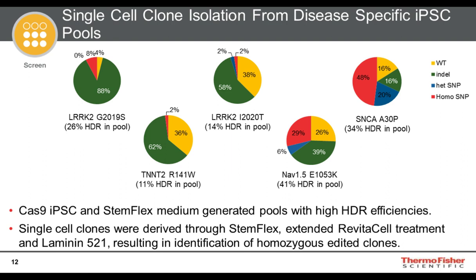So as you can appreciate from the 5 targets shown here, when we do the editing and do the clonal isolation, you will typically, with different degrees of success, identify a homozygous SNP using the editing methods I had described. However, you'll appreciate that heterozygous SNPs, shown in blue, are not always found.